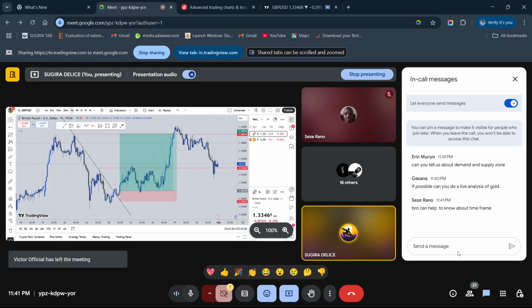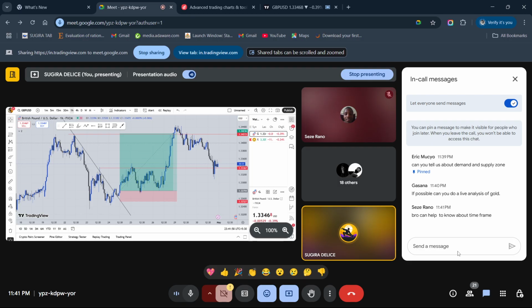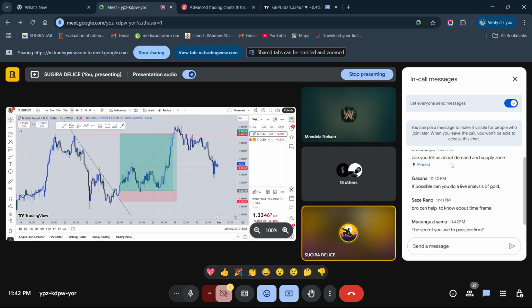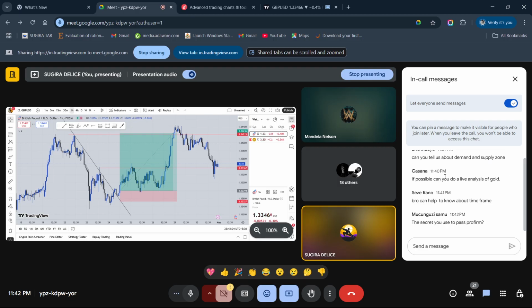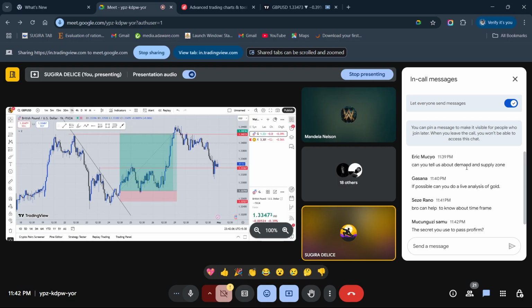And in this session, I'm gonna be combining two languages, Kinyarwanda and English, because I do consider some are not comfortable with English 100%, and some I'm not fluent in Kinyarwanda.